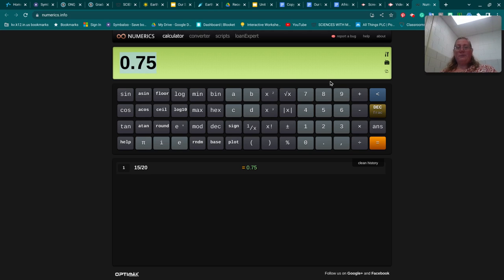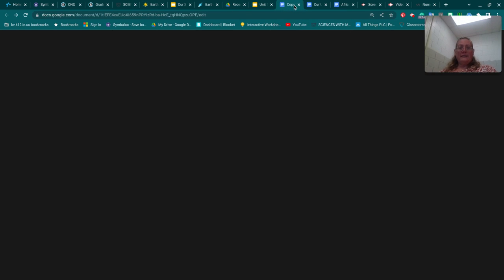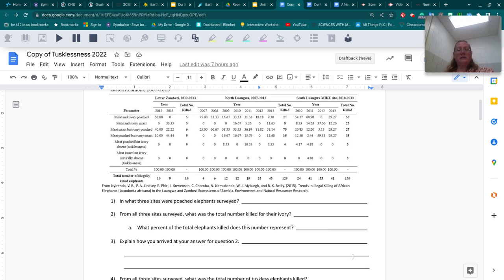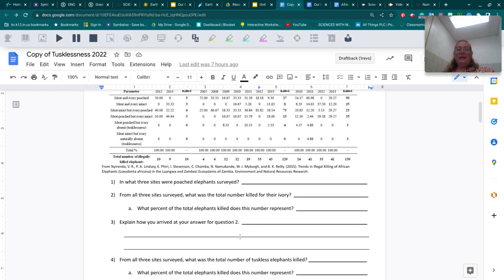If you want to see it as a percent, I multiply by 100, and that tells me you got a 75%. Bad calculator. That's how you get a percent. So now you have two numbers. You want to know the percentage killed with ivory compared to total number killed. Explain how you figured out this number.